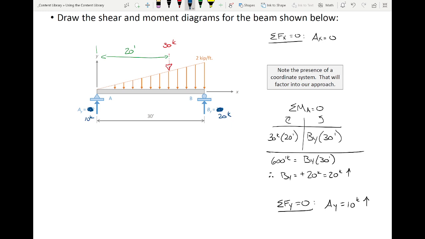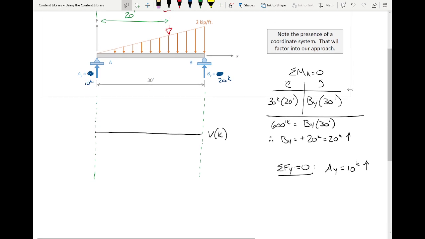So far, so good? Okay, so now I want to illustrate the problem, like why this is different. So all right, if I try and draw the shear diagram, here's going to be the problem, okay?